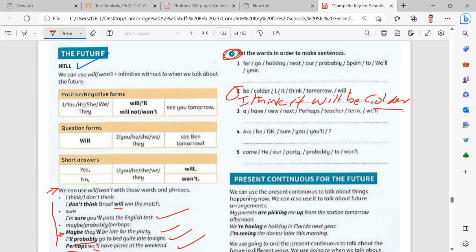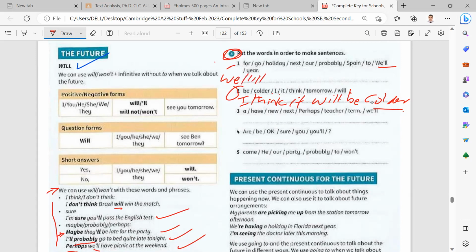Okay? Okay. طيب, what about number 1? Go holiday next year, probably Spain. So start with we will.